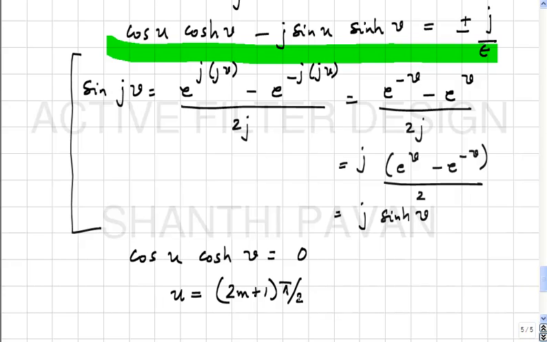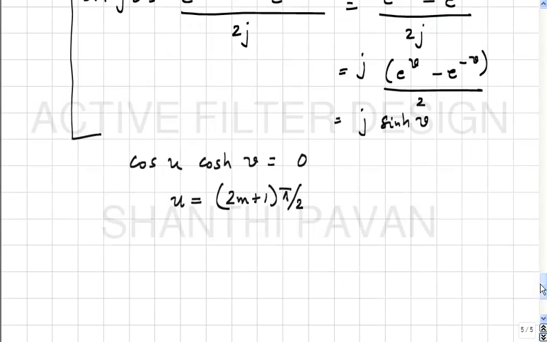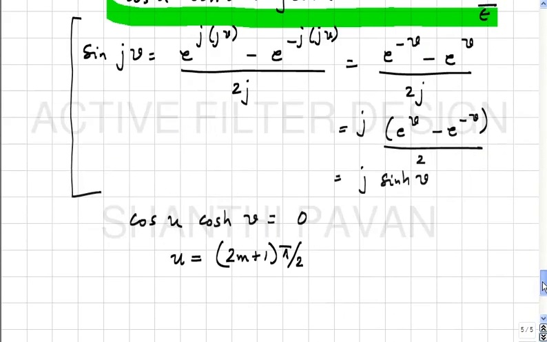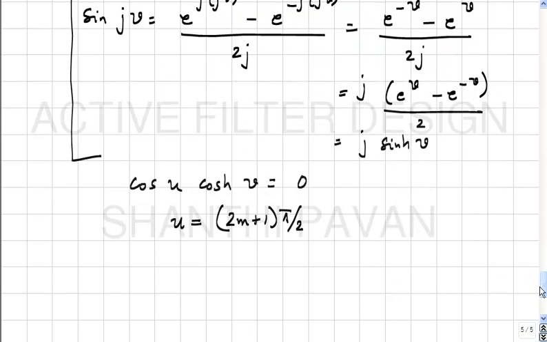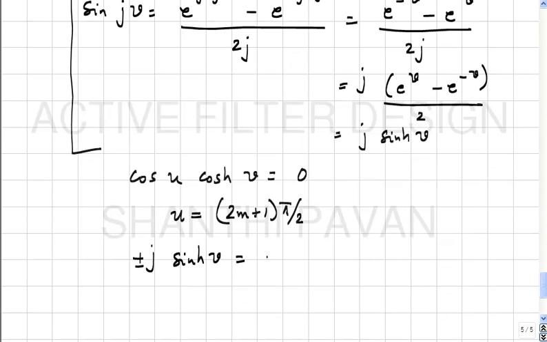Is this clear? Okay. And if cos u is 0, what is sin u? Plus or minus 1, right? So it basically means that plus minus j sin hyperbolic v is plus minus j by epsilon, which means that v is plus minus sin hyperbolic inverse of 1 by epsilon.